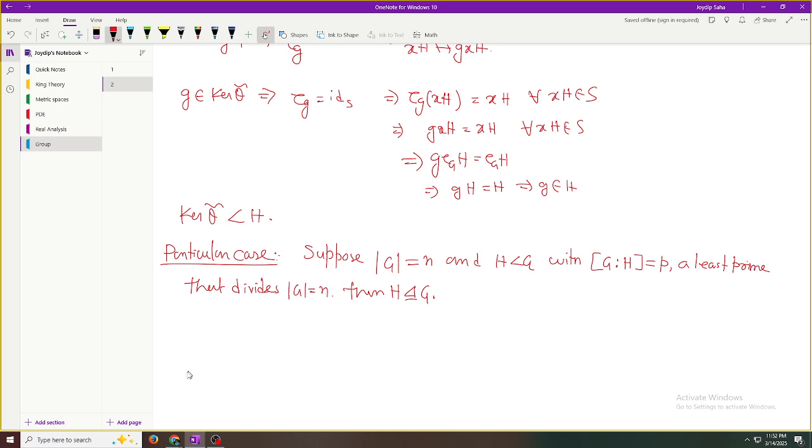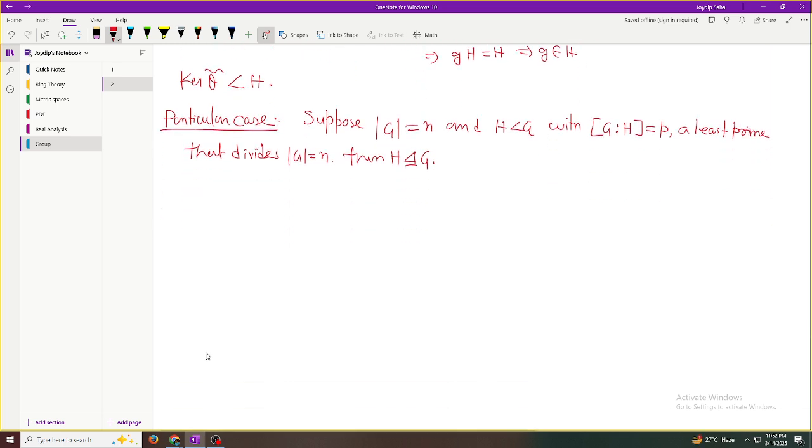So we have, what is the observation? The kernel of theta tilde is a subgroup of H, by this blue star.